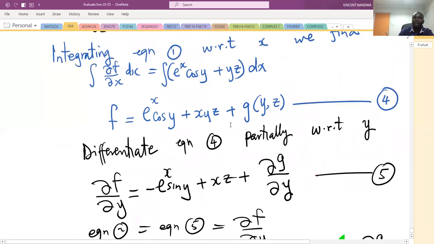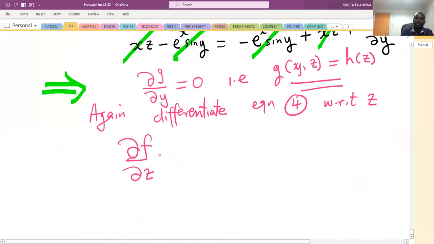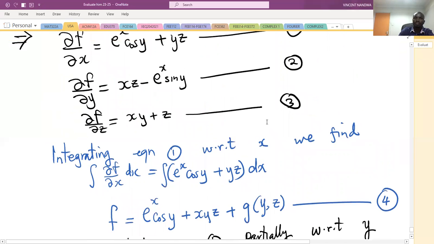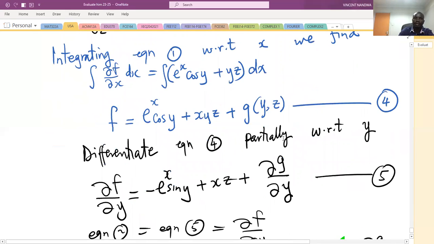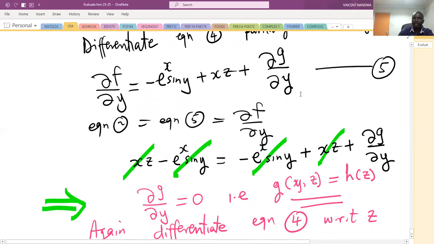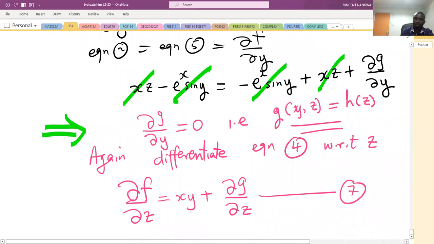So this will be xy, and then plus partial g partial z, because now g was a function of two variables, y and z. So call this one equation 6.